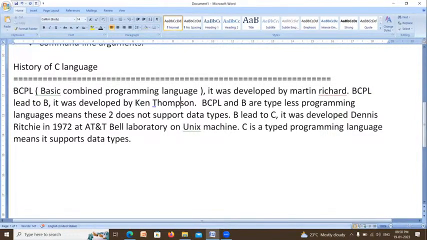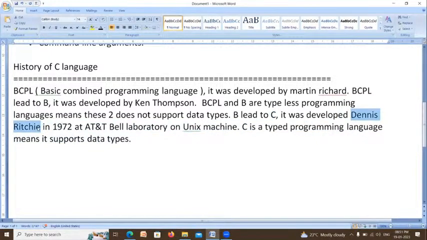Actually, I explained BCPL and B. These two are called typeless programming languages. The meaning of typeless is that it does not support data types. That is called typeless programming languages. From language B, a new programming language was developed called C. C was developed by Dennis Ritchie.